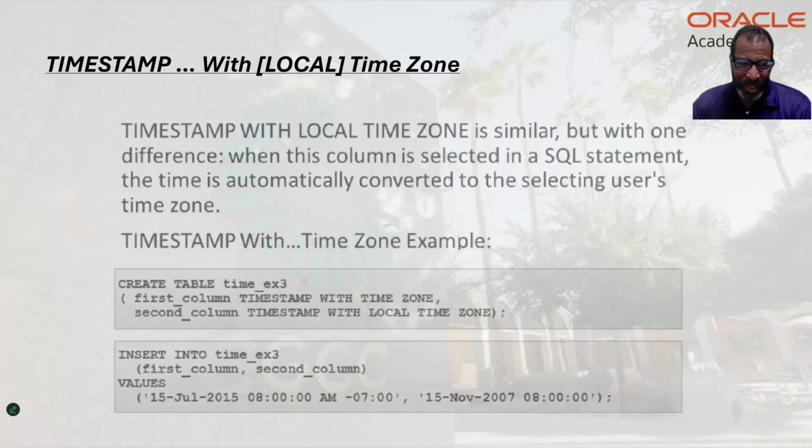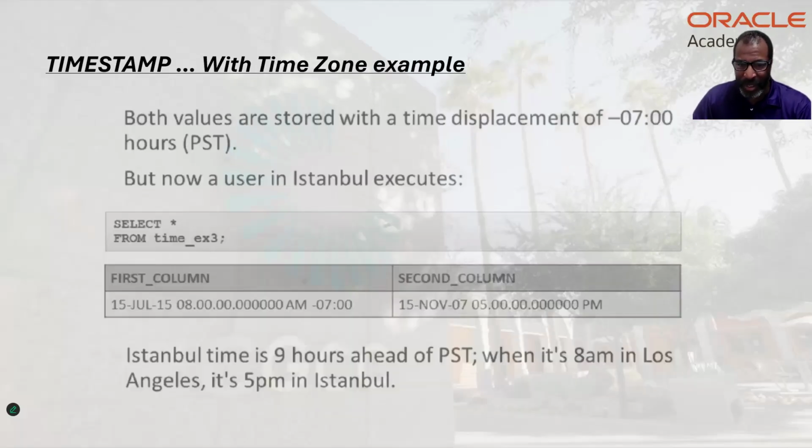Another example here, we're creating a table time EX3. First column is timestamp with time zone, the time zone we're in. The second column is timestamp with local time zone. And then we're going to insert into our columns these two dates. And what will be returned, basically you'll get the local time.